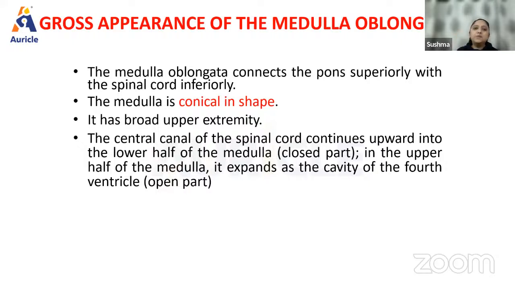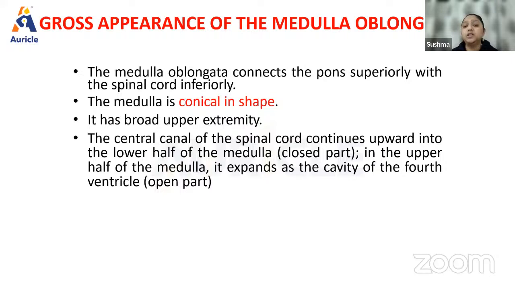So something must be there as a connection between the ventricles and the spinal cord that passes via the medulla oblongata, and that is the cavity of the fourth ventricle, which is the open part. The medulla oblongata is a conical structure because the upper extremity expands as the cavity of the fourth ventricle, which is the open part.